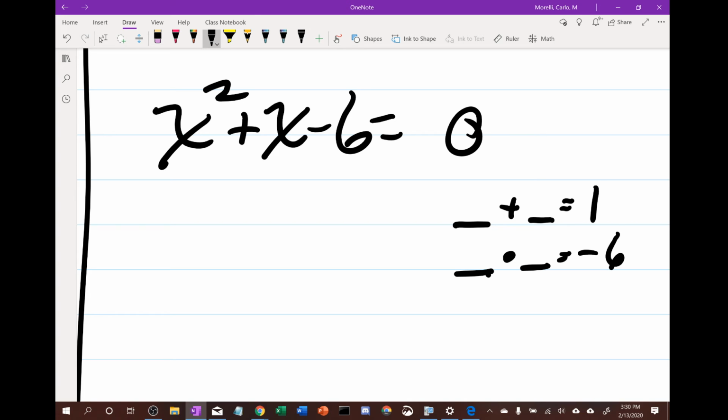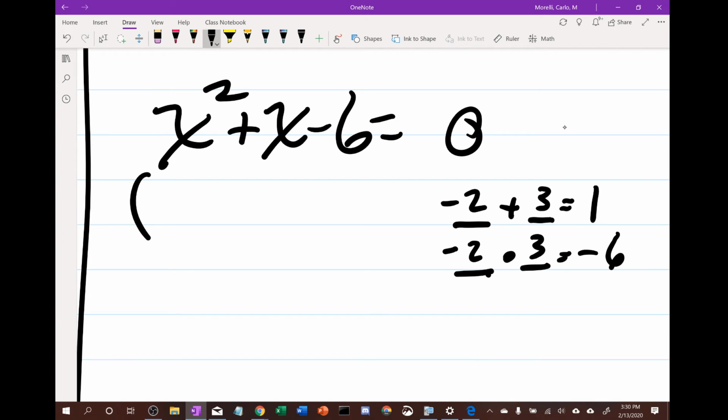Now, which one is negative and which one's positive? The 2 is negative. So here's how you write that, guys. Negative 2, positive 3.